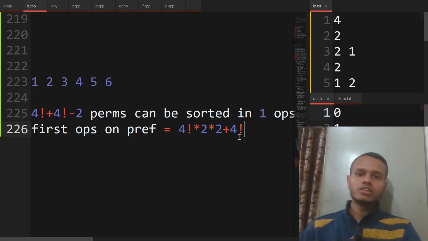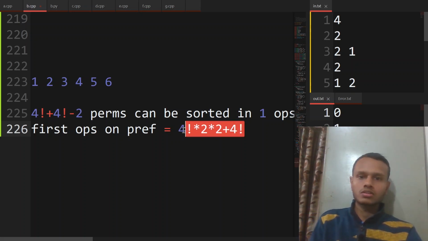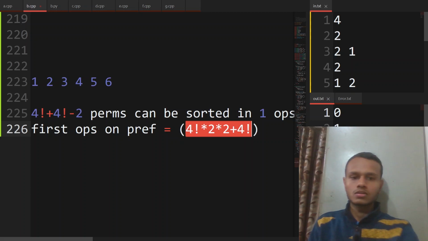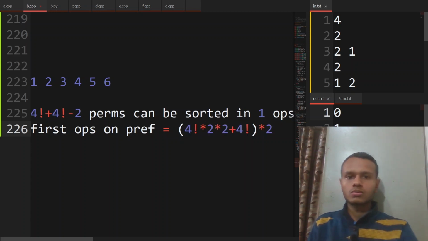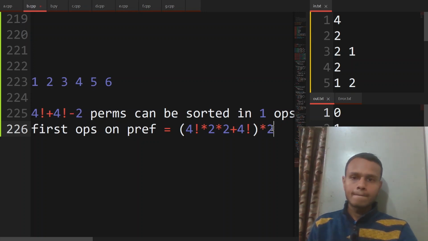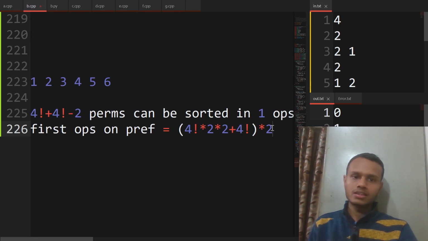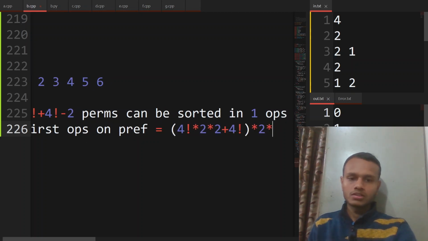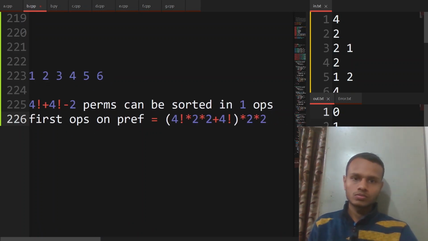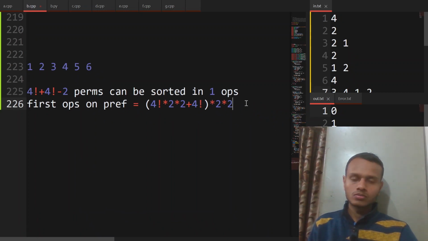So in these many ways the prefix can be created, now times 2, because the other two numbers can also shuffle there, the suffix. And I think the same thing works for the suffix as well, like when we are doing the first operation on the suffix, this thing times 2. But till how long should we go? Should we keep on doing this?